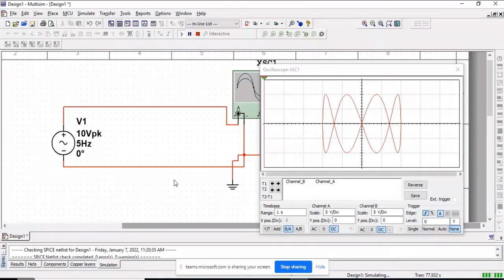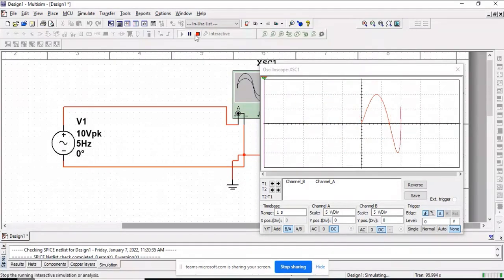But in function generator, there was no facility to provide the phase angle. That's why we have used this signal, actually AC signal. Okay, because in AC voltage source, you can change phase also.